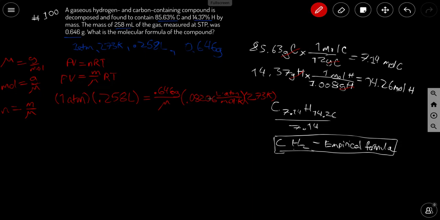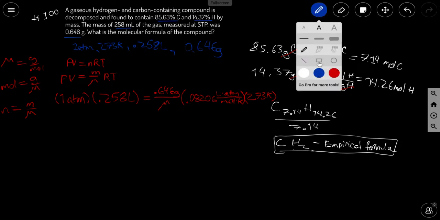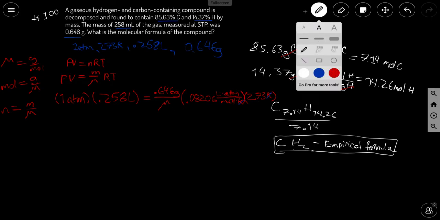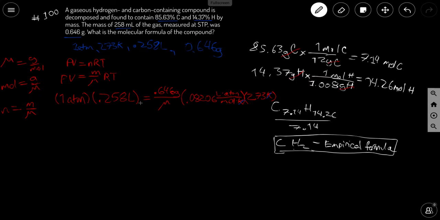And now we just use our calculator and plug everything in, but I'll go ahead and cancel the units out. So that leaves us with grams over moles, which is the correct units for molar mass.